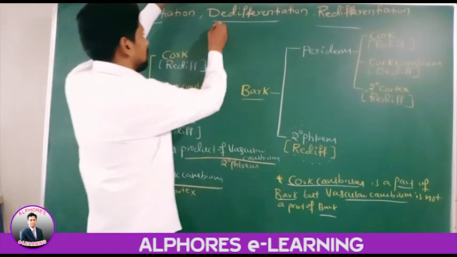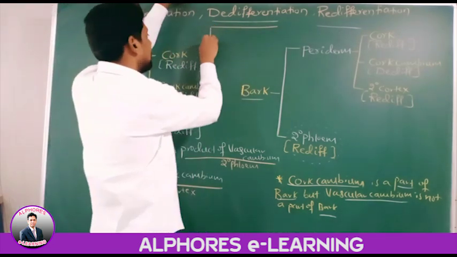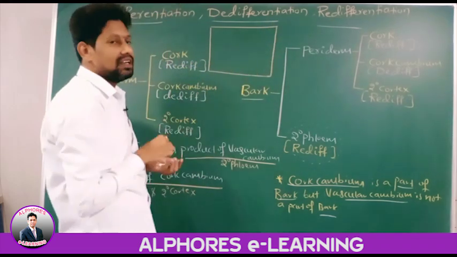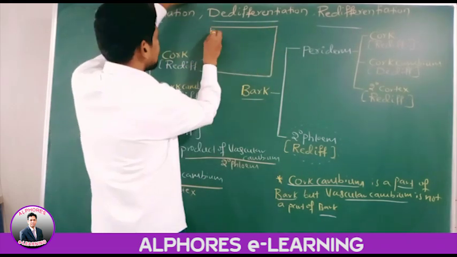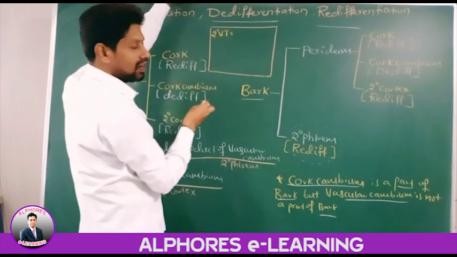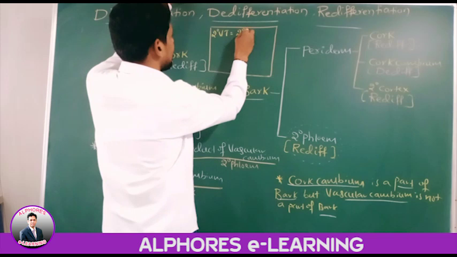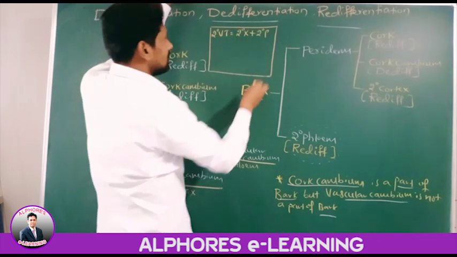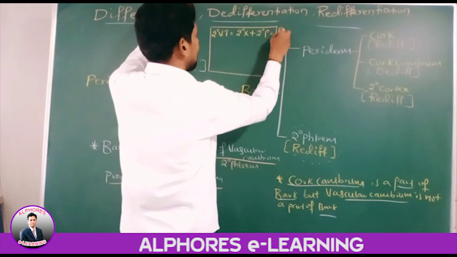Now, listen to this statement carefully. Secondary vascular tissues mean secondary xylem and secondary phloem. These are formed by the redifferentiation process, as I already told you.